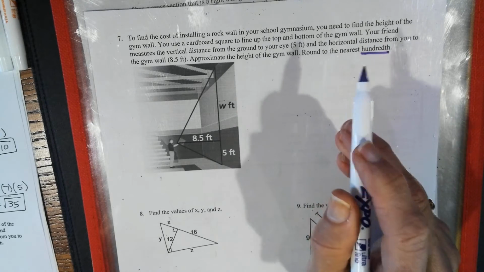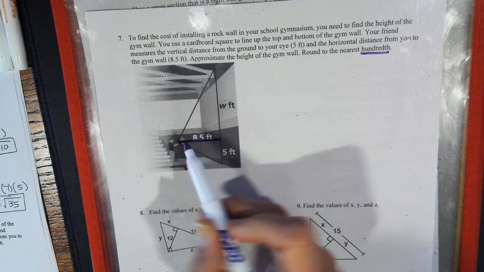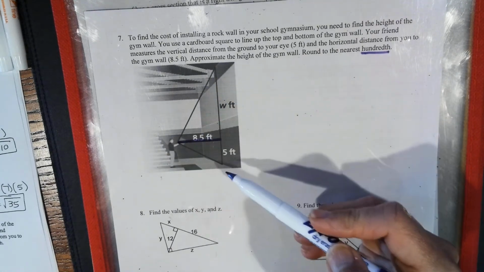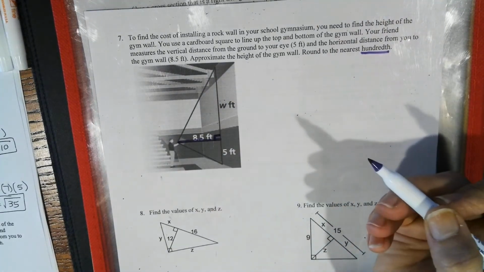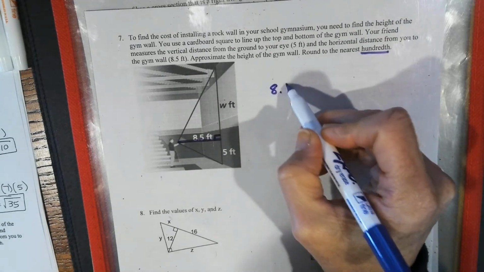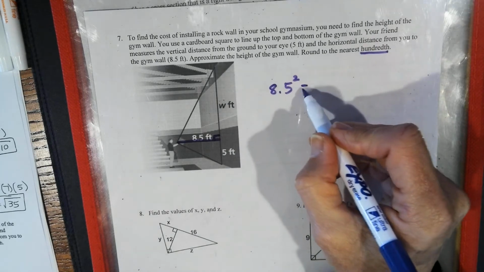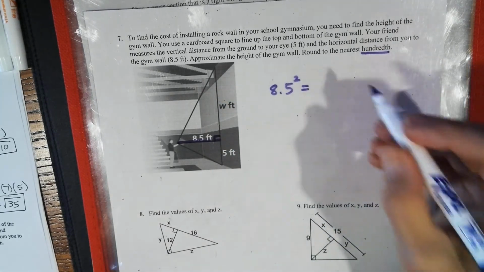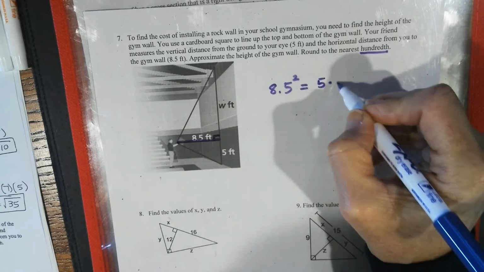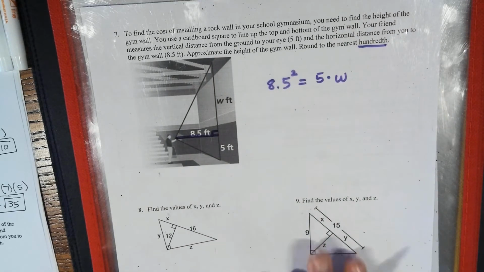So, we're going to use this theorem. This is the height. This is my big right triangle. So that's my altitude. Okay, so it's going to be 8.5 squared equals, like I said, this gets cut up into two parts, right? 5 times W. That is literally all you're going to do for this.